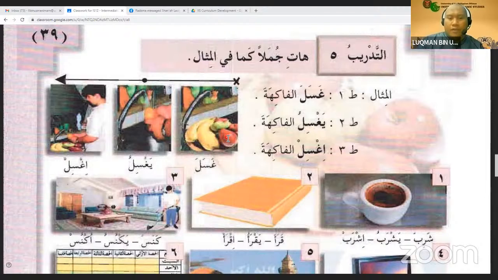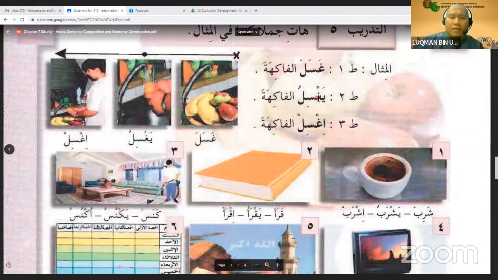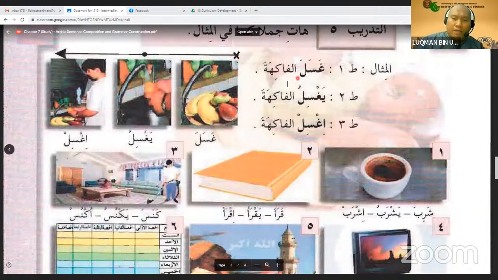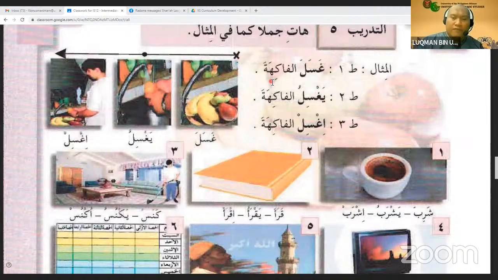Okay, so here is the example. غسل. So غسل, wash. He washed. غسل الفاكهة. He washed the fruits. يغسل الفاكهة. He is washing the fruit. اغسل الفاكهة. Wash. You're asking someone. Wash the fruits.